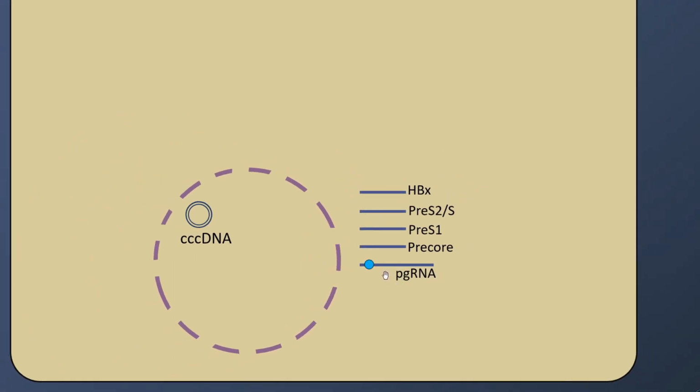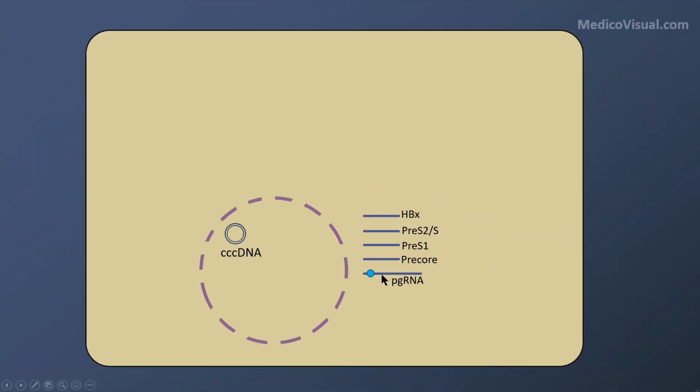Also this pgRNA, of course, has the gene for capsid protein. So capsid protein is also synthesized, not just one capsid protein but a number of capsid proteins.